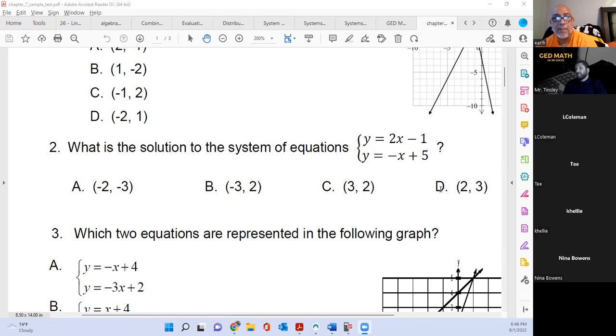Elimination. You could use elimination, so let me show you. We've got y equals 2x minus 1 and y equals minus x plus 5. If I want to get rid of one of the variables, what's the opposite of y?